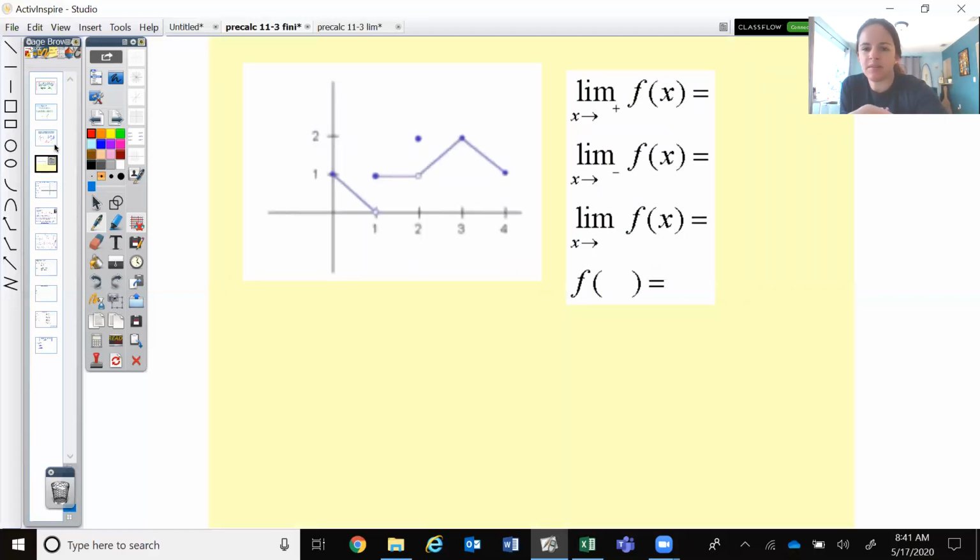Okay. So let's look at an example. Let's pick a couple points here to look at. So let's try 1. I believe that you're familiar with these superscripts, but just in case not, if I look at as x approaches 1, the plus sign superscript means from the right.